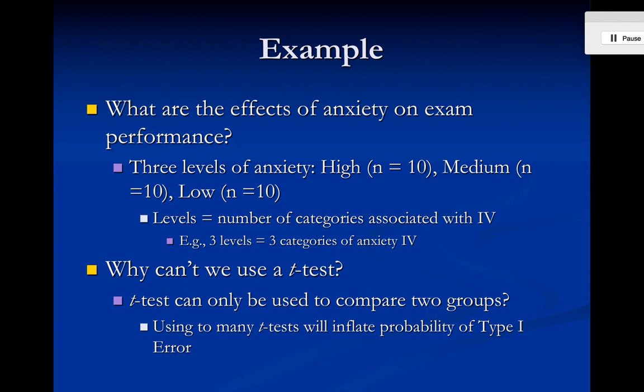The answer to that question is the following: if we end up using too many statistical analyses to answer one specific research question, such as the one that we have right here, we may potentially inflate the probability of committing a type 1 error.